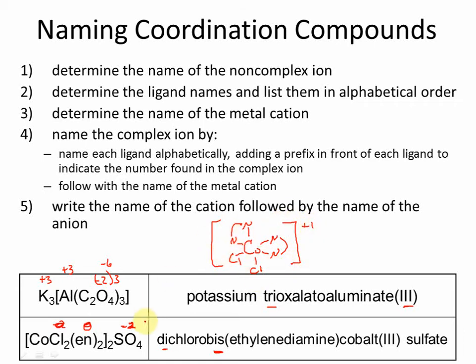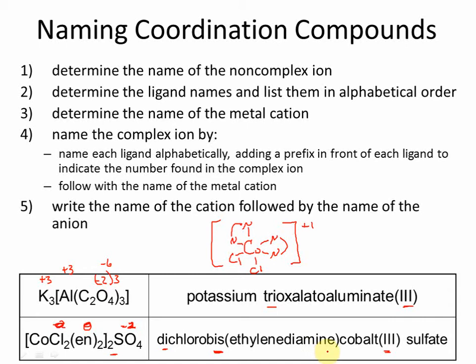So the overall charge is +2. Each chloride is a -1, so the cobalt itself has to be a +3. So the entire name is dichlorobis ethylene diamine cobalt 3 sulfate.